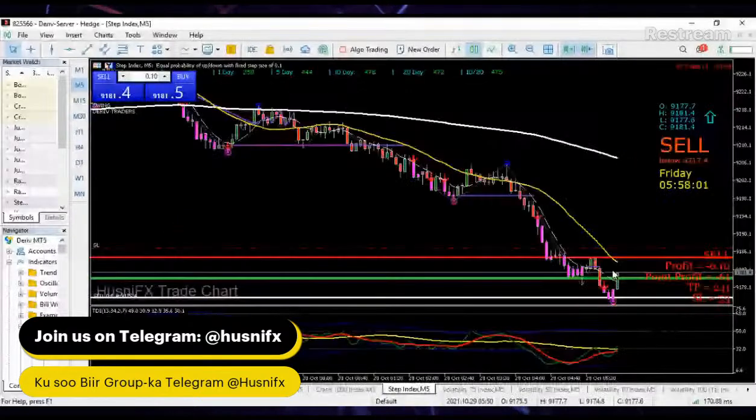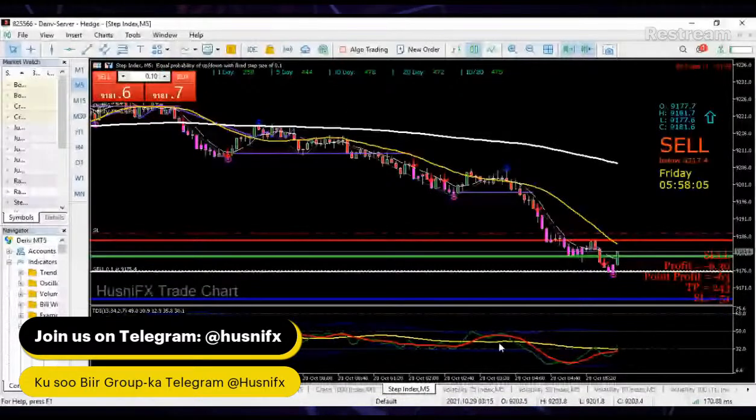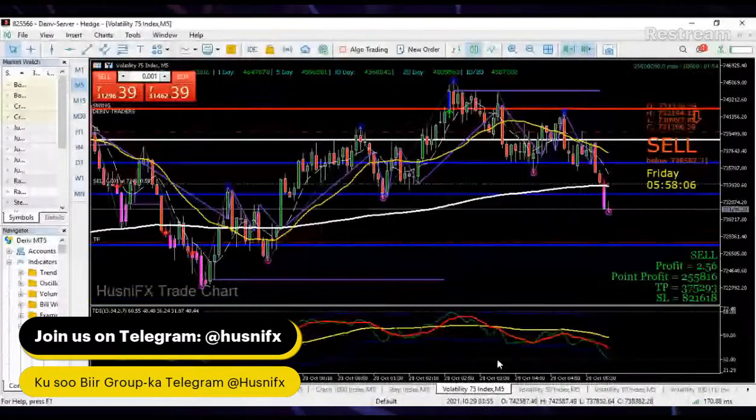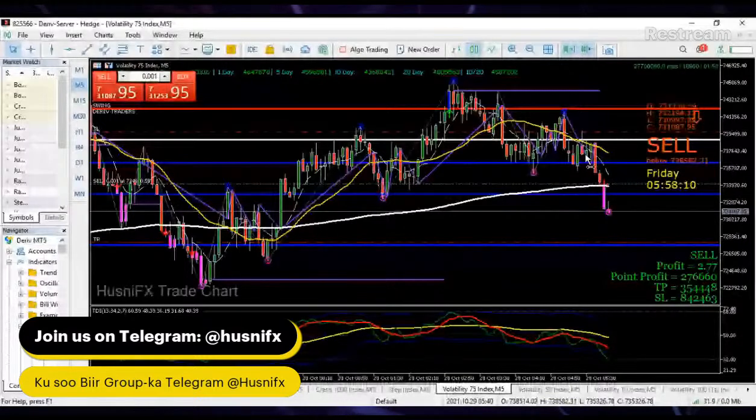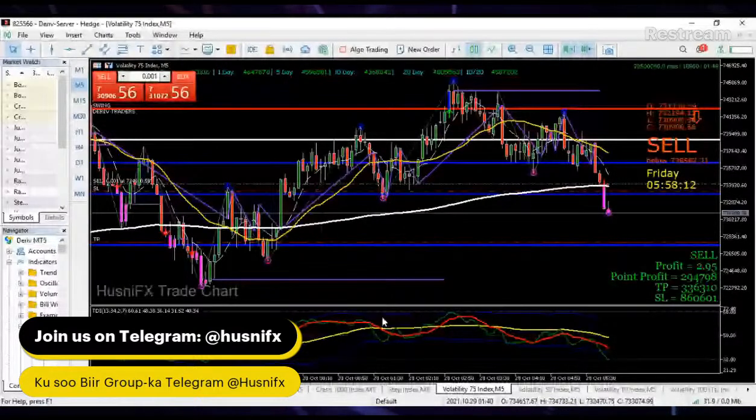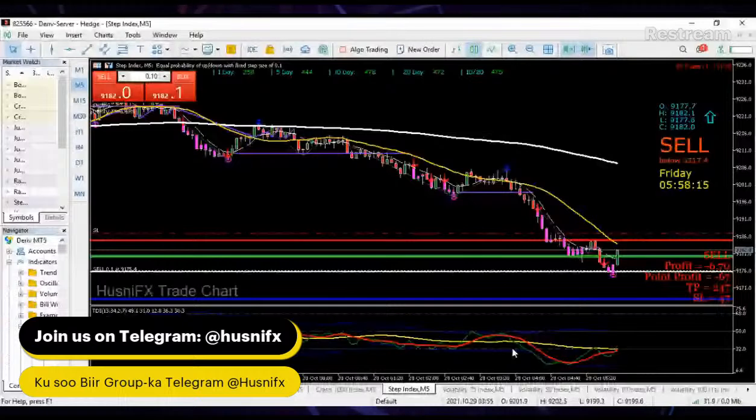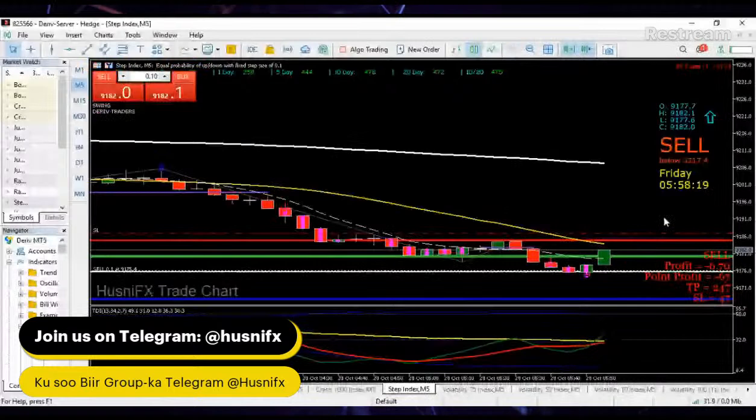This Step Index has made the rejection. You can see that VIX 75 is now moving very nice. But do you know that we have placed the Step Index SL above the neckline, where it is possible the market can buy?